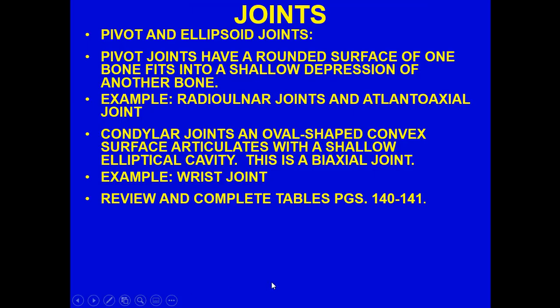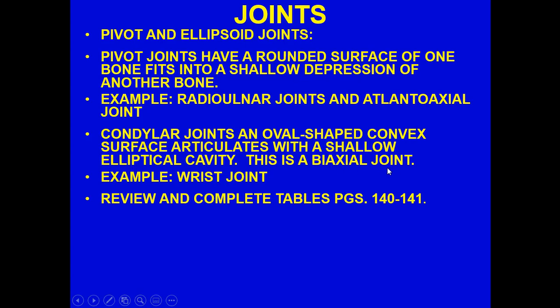Pivot and ellipsoid joints. Pivot joints have a rounded surface on one bone that fits into a shallow depression of another bone. The radioulnar joints and the atlantoaxial joint are examples. Condylar joints, you have an oval-shaped convex surface which articulates with a shallow elliptical cavity. This is called a biaxial joint.